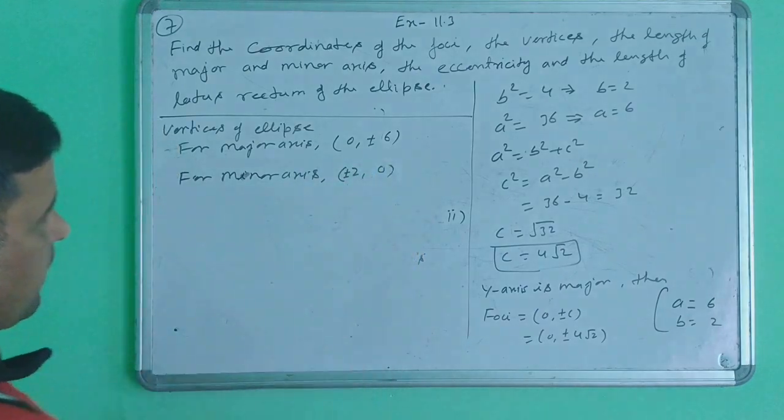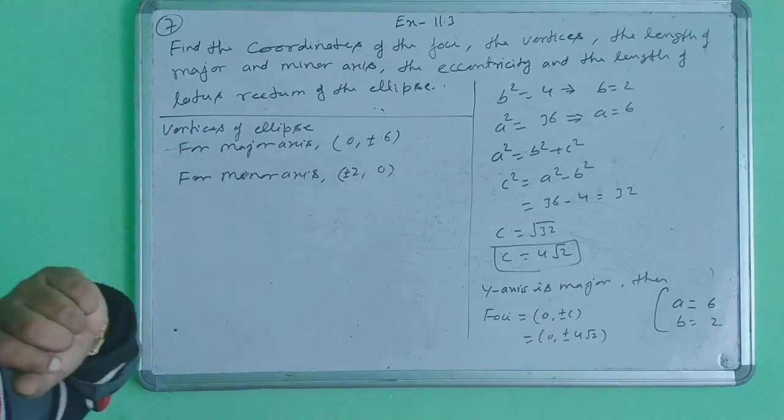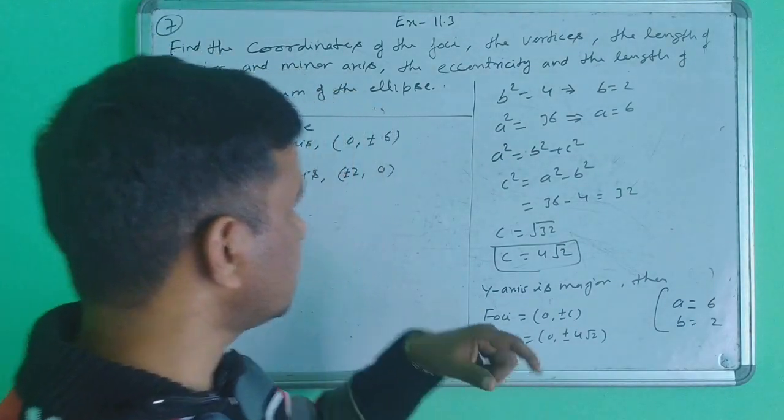So these are the vertices of the major and minor axis.